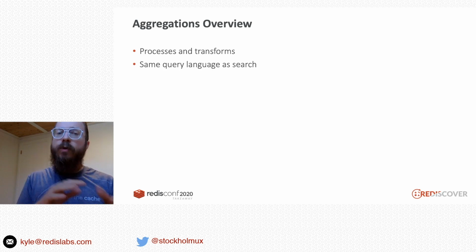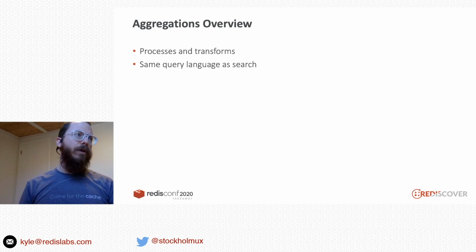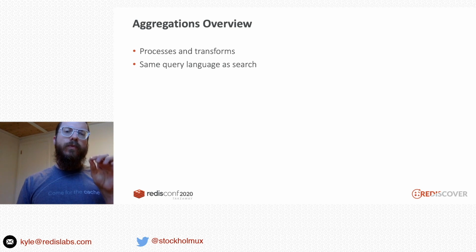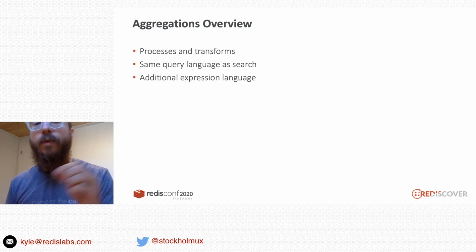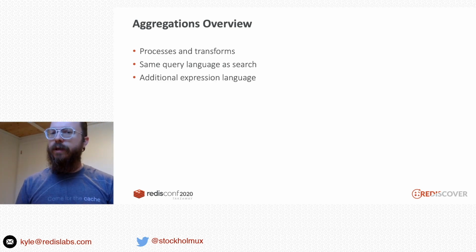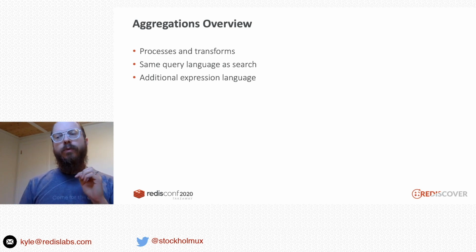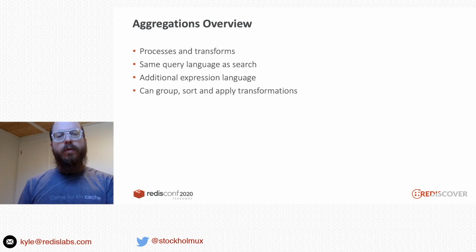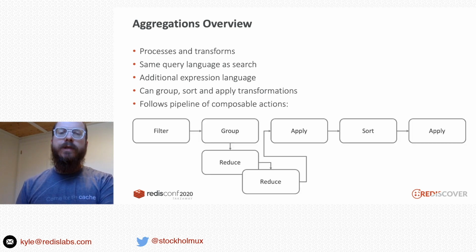It uses the same query language as search. But there's a distinction here that there's also an expression language, which is different. They share some things, but they are distinct, so do understand the difference. Then you can apply transformations, group things, and sort them. This follows a pipeline of these actions, so there is no specified order here.